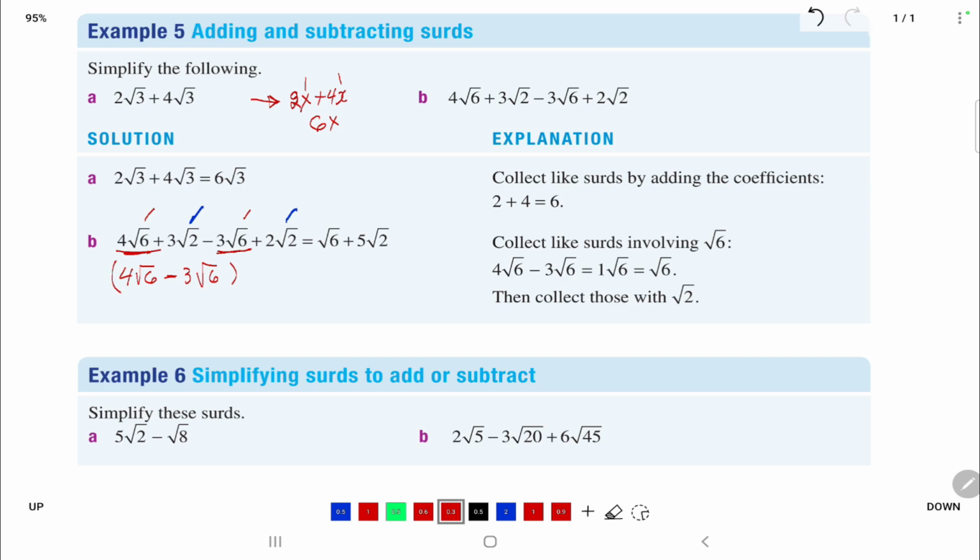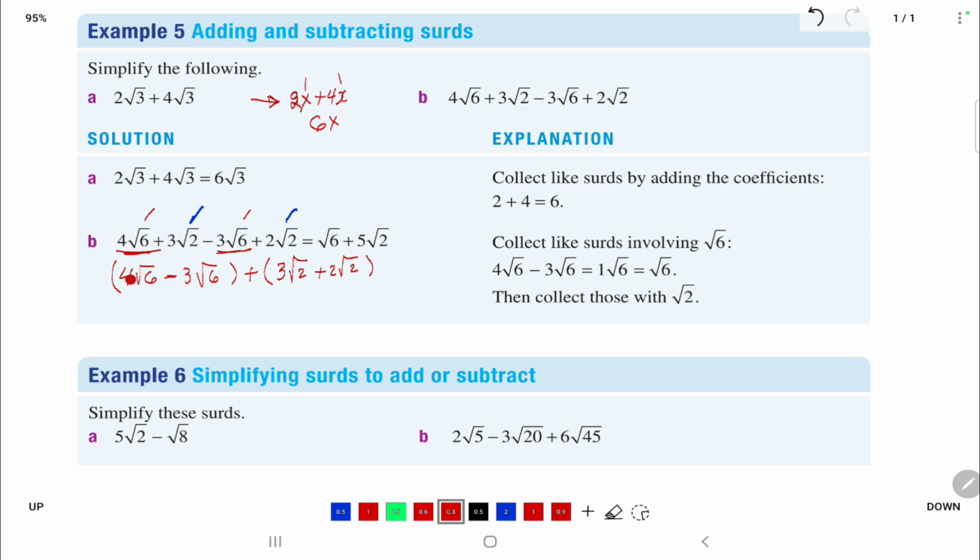I'll collect like this, plus 3 under the square root of 2 plus 2 under the square root of 2. I collected these terms because the square root of 6 terms are similar, and here the square root of 2 terms are similar.